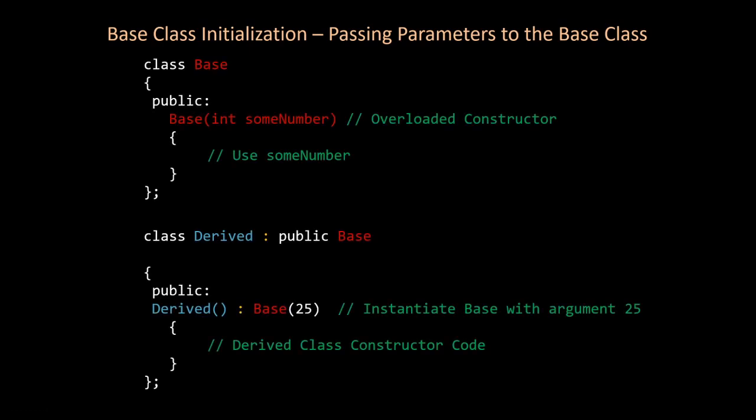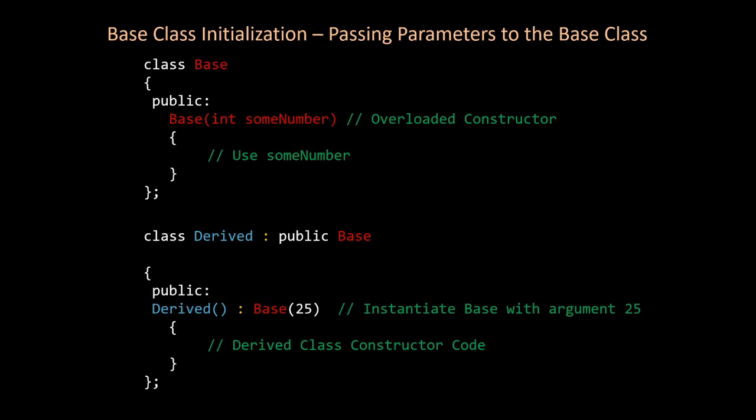So what you see here is that in my base class, I've got an overloaded constructor, int some number. And when my derived class inherits from the base, I am basically passing a parameter into that overloaded base function.